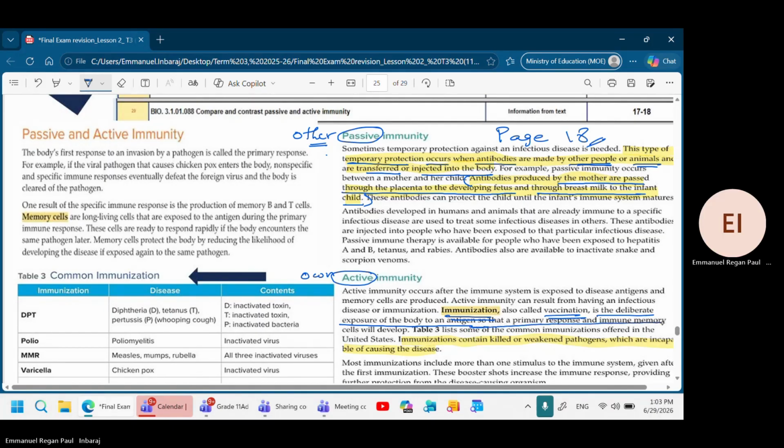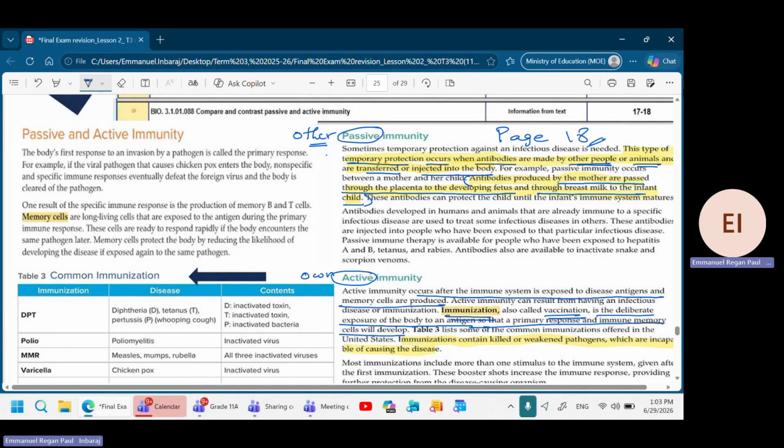So these are called vaccines. So when you take a vaccine, your body is making its own antibody. So this is what is called active immunity. Active immunity occurs after the immune system is exposed to disease antigen, and memory cells are produced. Okay, don't forget what active immunity is.